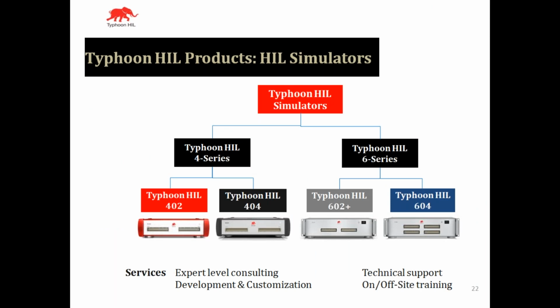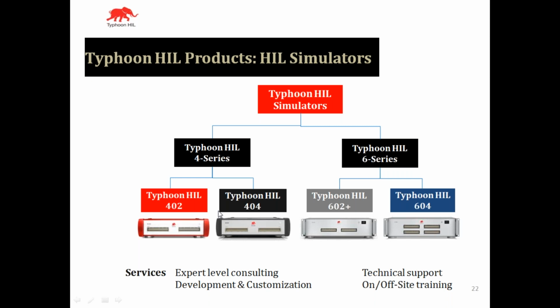These are the series of simulator boxes you can experience. We have the 4 series boxes and 6 series boxes, and also the M series. In 4 series we have a 4 core dedicated FPGA, 4 3-phase 3-level converters, simulation time step down to 500 nanoseconds.